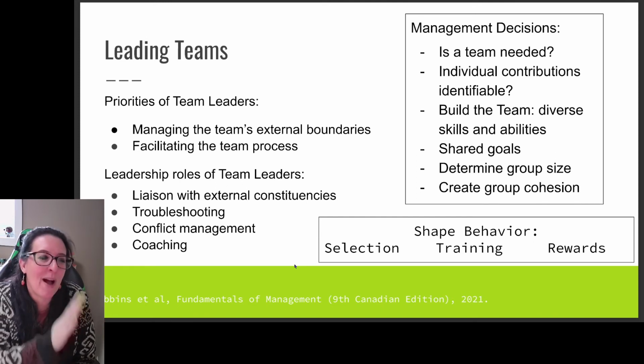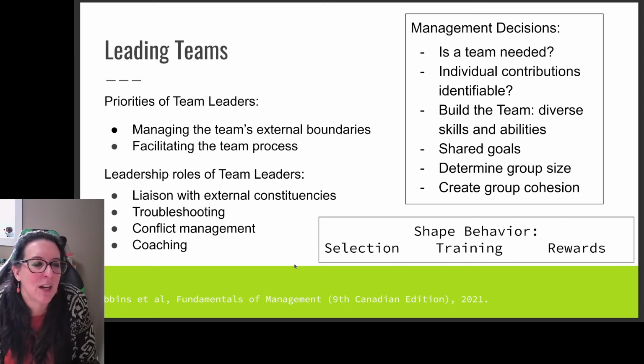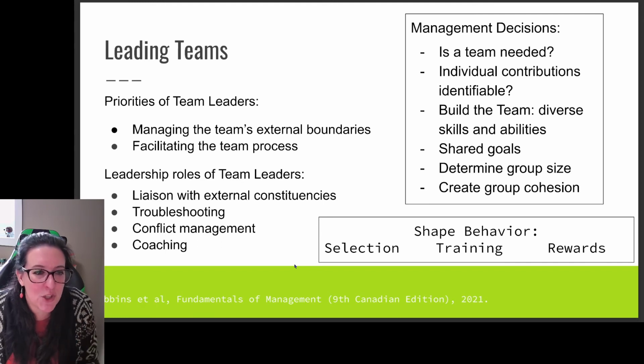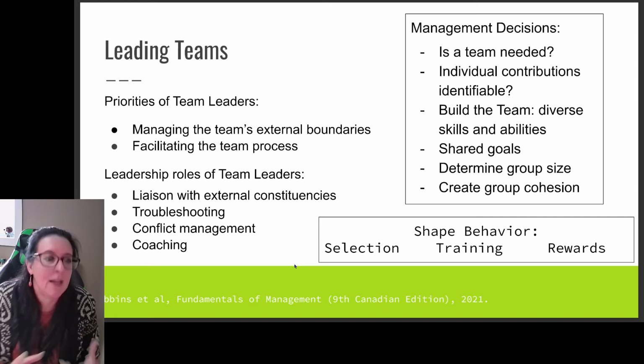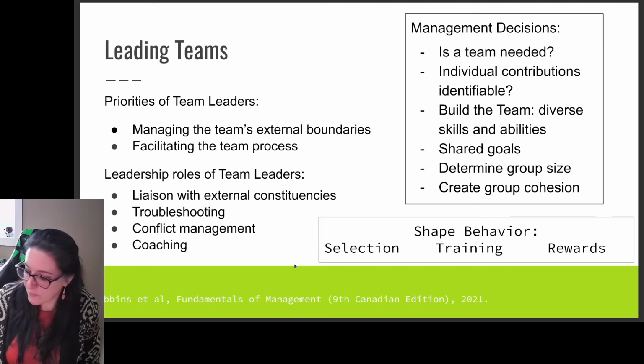If you perform well, do you get rewarded for it? And do those rewards match what people desire? So management leadership helps in selecting, helps in training, and helps make sure the rewards and recognition for the team's work and the individual contributions encourage and motivate the team to be effective.